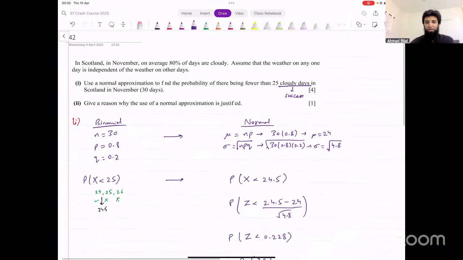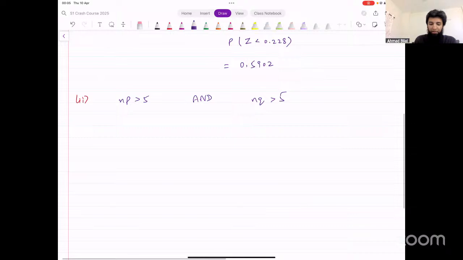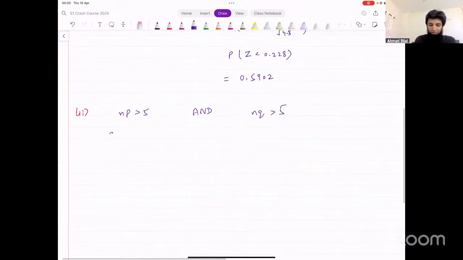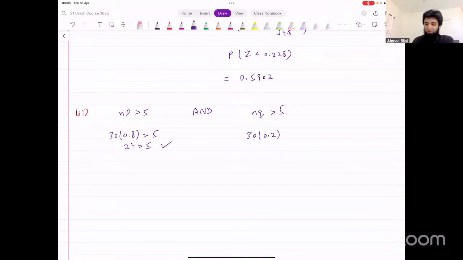So you have to show the examiner that n in this case was 30. Probability of success was 0.8. This gives us 24, greater than 5. That condition is met. So you have to show this working. Similarly, n, 30, into q, which is 0.2, that's greater than 5. That means 6 is greater than 5.